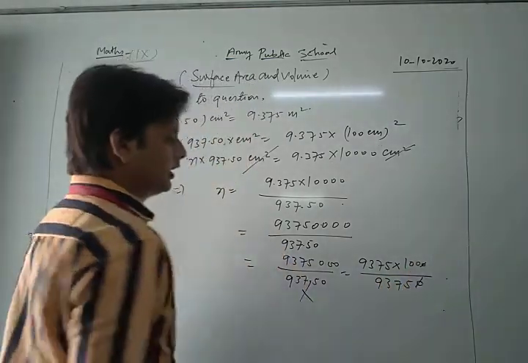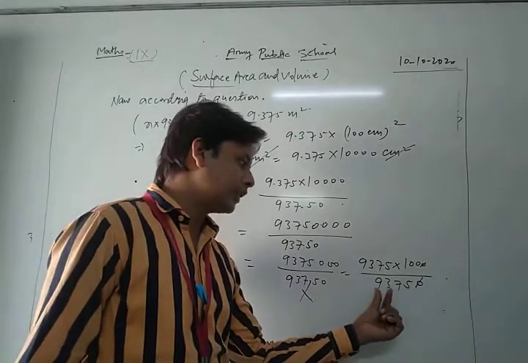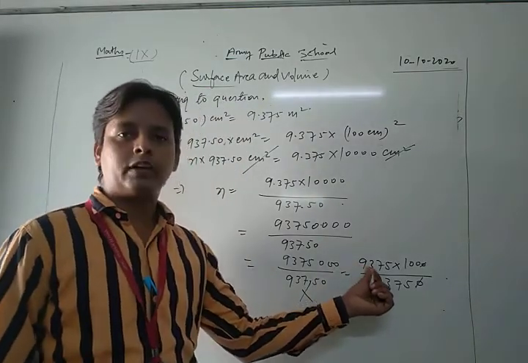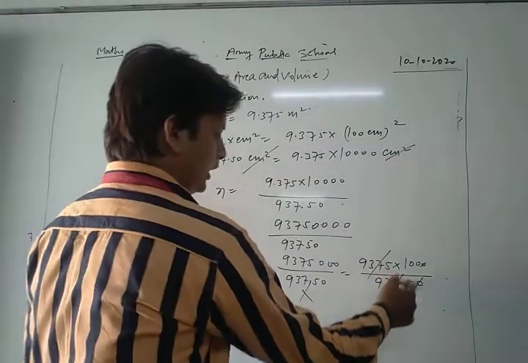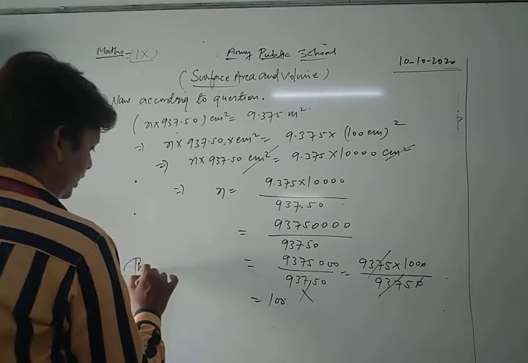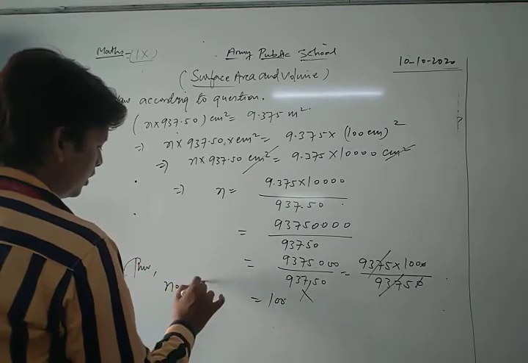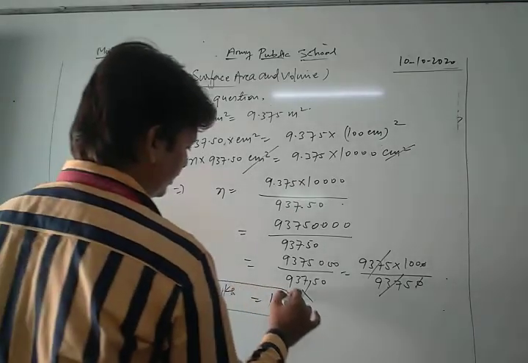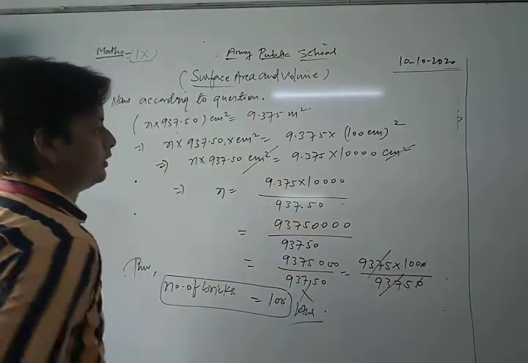The zeros cancel to each other. So let's see here, this is 9375 and this is also 9375, so they cancel each other, so we get 100. Thus the required number of bricks is 100. This is our required answer.